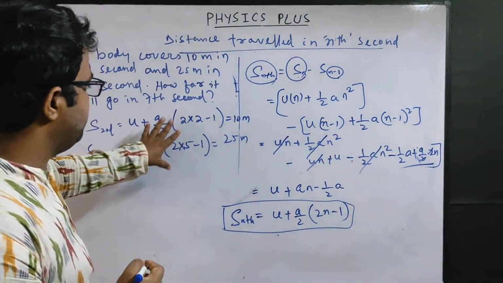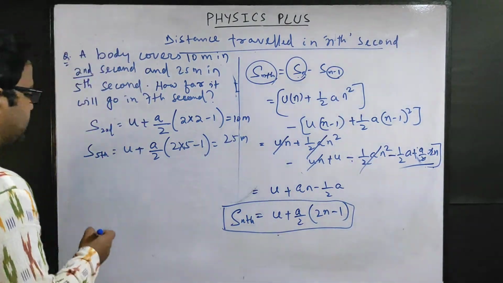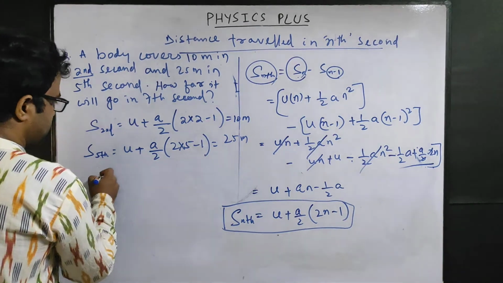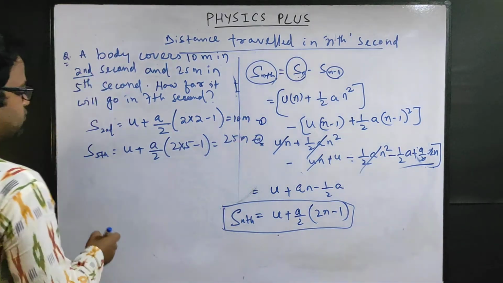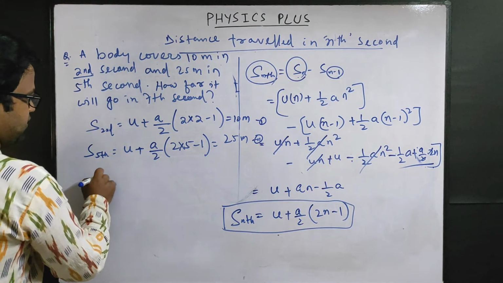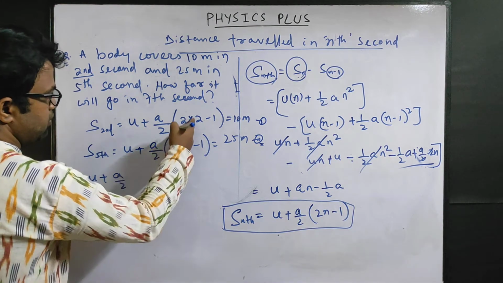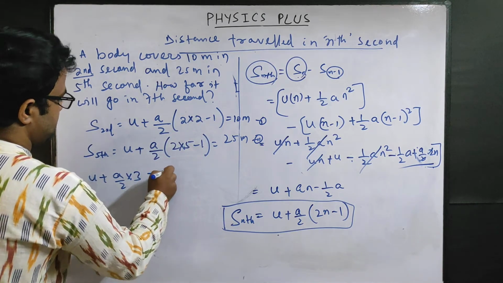We can solve them easily by using any method known to us. So the first equation, and this is your second equation, you can simplify and write that this is u plus a by 2, and this is 4 minus 1, 3, equal to 10.